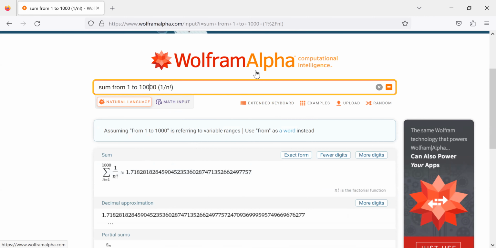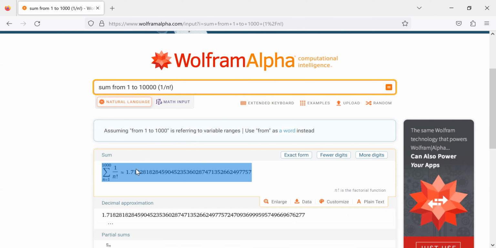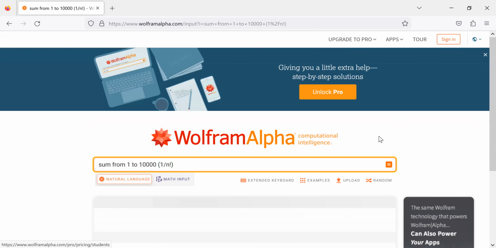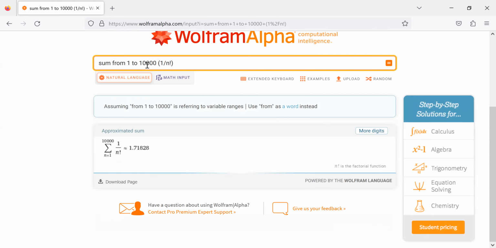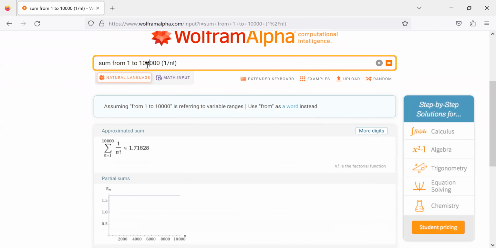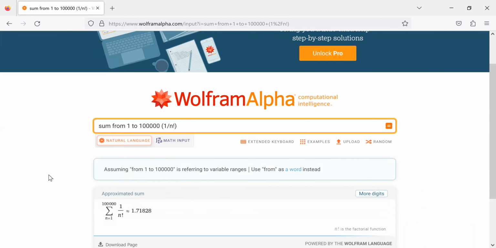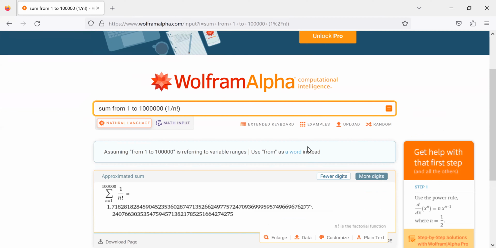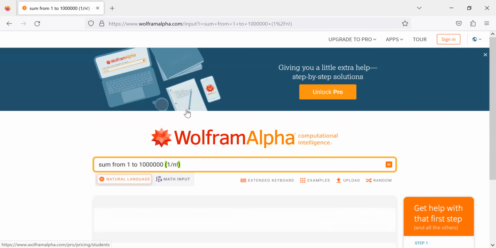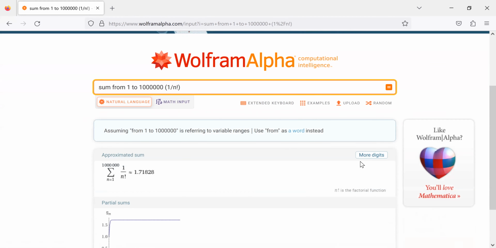And presumably, the bigger this number here gets, the closer this number here is to being the real sum, to being the infinite sum. So we added from 1 to 1,000. Now we can add from 1 to 10,000 or from 1 to 100,000. And the bigger this limit gets, the closer this should be to our answer.